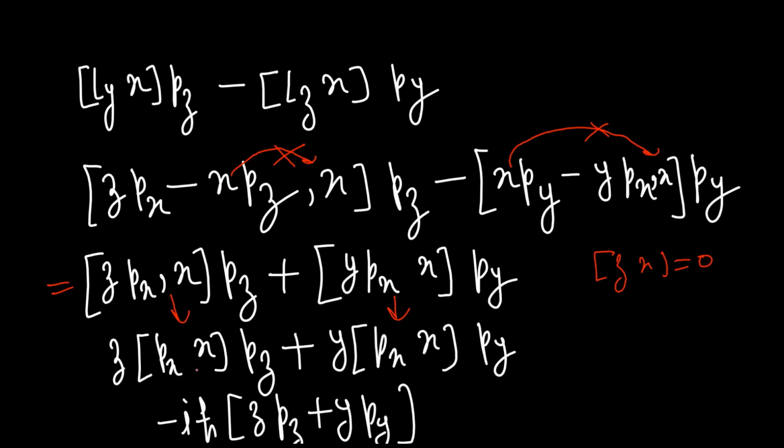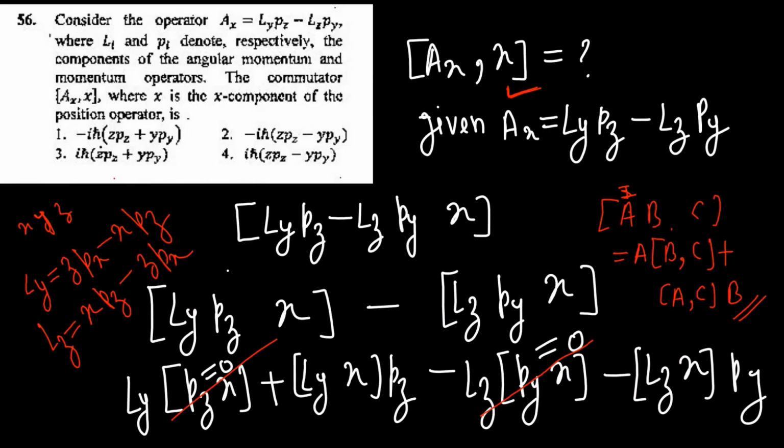Now, the value of x comma px is i h cross, so the value of px comma x will be minus i h. So this will be minus i h cross z pz plus, similarly over here you will get minus i h cross. I have taken minus i h cross common, so you will get z pz plus y py. Okay, so the first option will be correct.